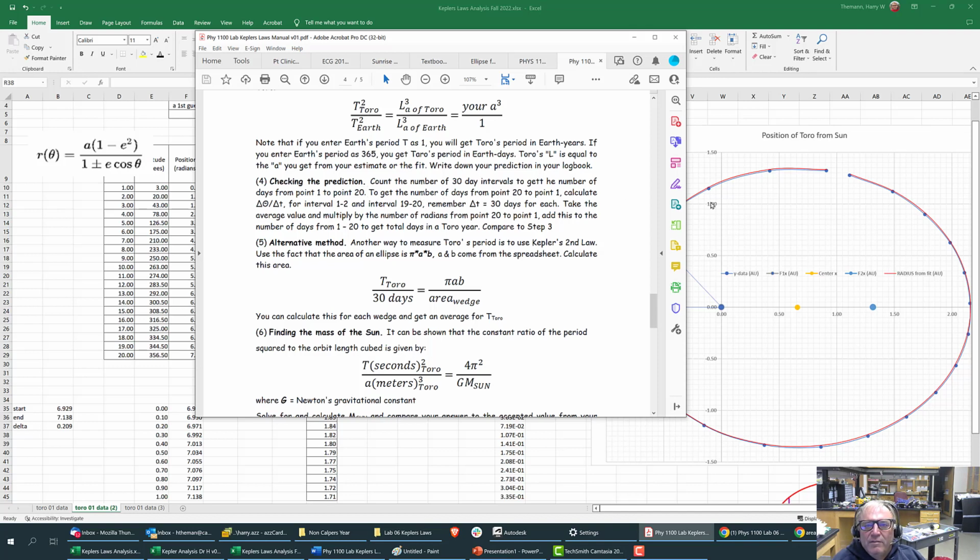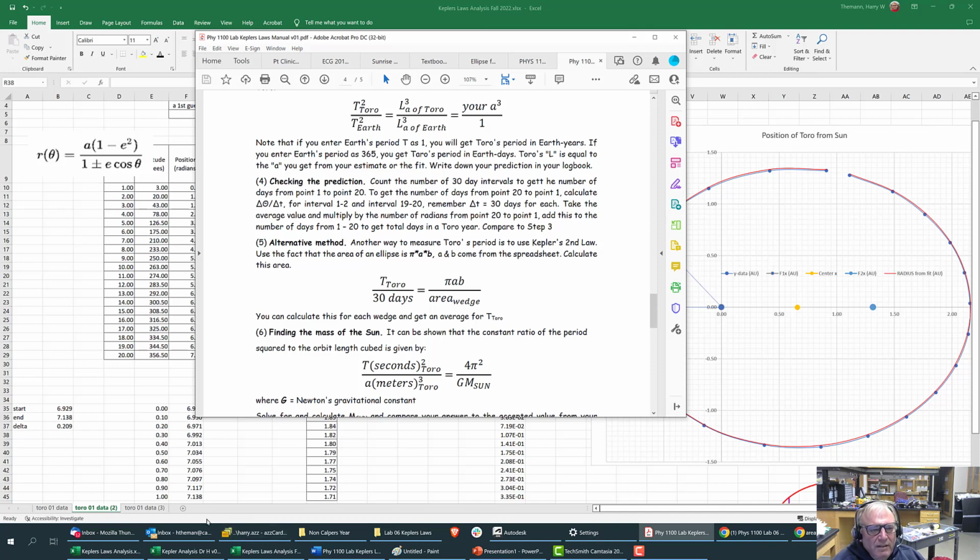To get the number of days that go from point 20 over to point 1, remember delta t equals 30 days. So what I want to do is get the delta theta over delta t for these two intervals, the interval from 1 to 2 and the interval from 19 to 20. Yeah, that's what it says.